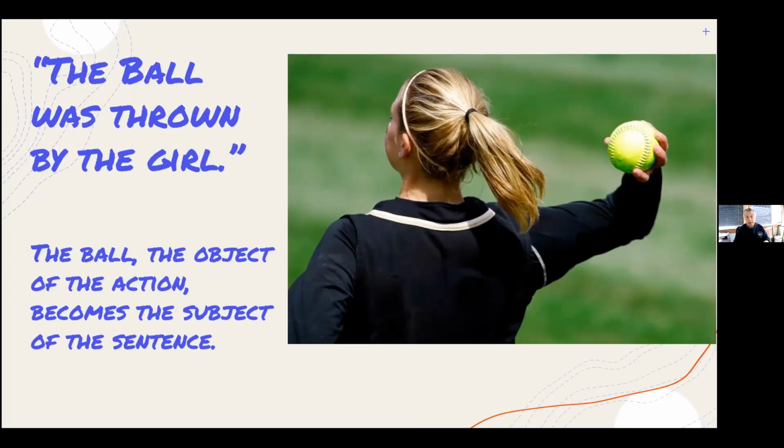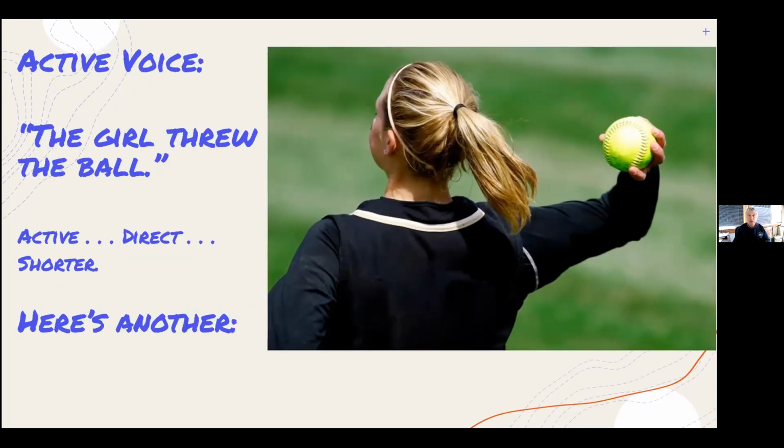So we're using 7 words in that, and it gets kind of dull. So we can change it very easily to active voice. The girl threw the ball, right? 5 words, and it's active, it's direct, and it's shorter, right?